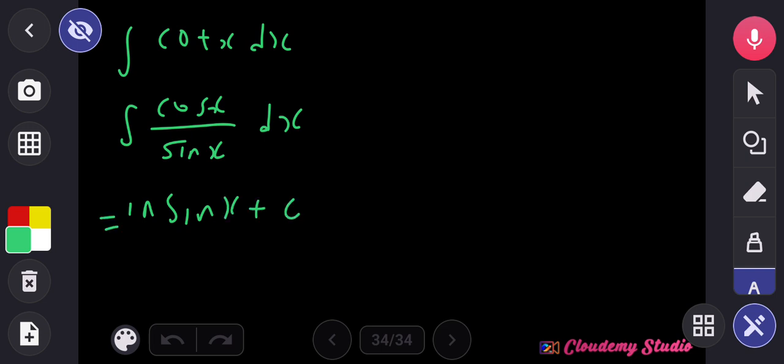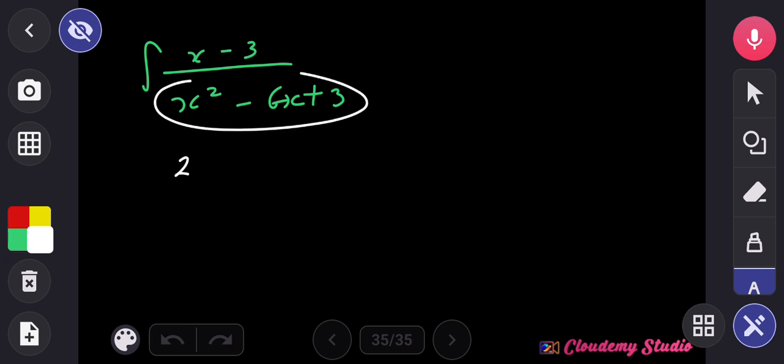So that is how to get this particular form of integration.